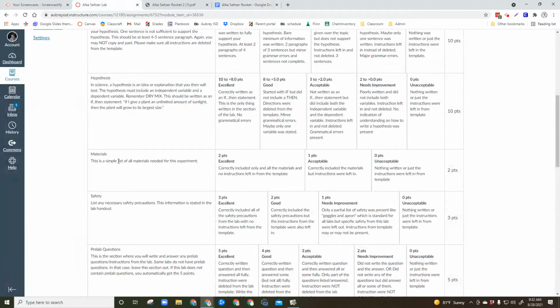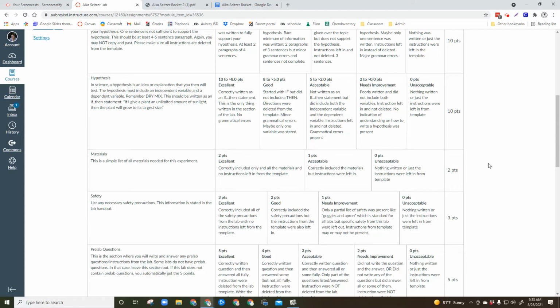Now look, materials. This is a simple list of materials needed, correctly including only the materials and no instructions left in from the template. So I've erased the instructions from the template and copied in 2 points. So you don't have to interpret here. This is just copy and paste. So 2 points.